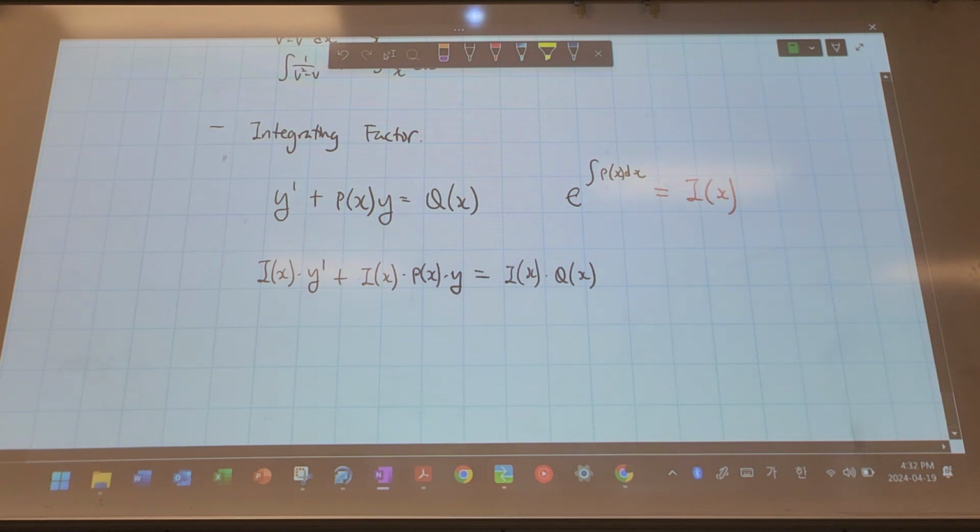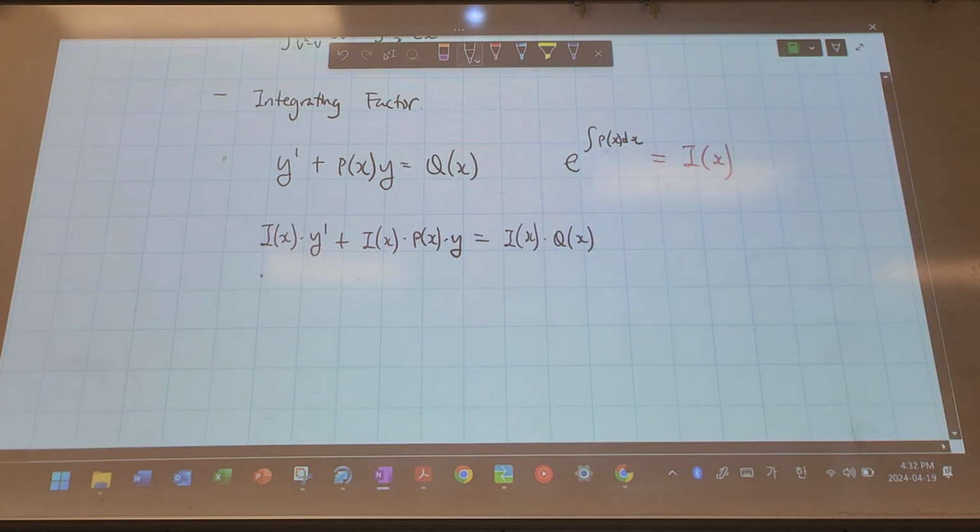After, you will usually be able to do some work here. Our goal is to say that, hey, this is an outcome of a product rule. So you can actually simplify the left-hand side.